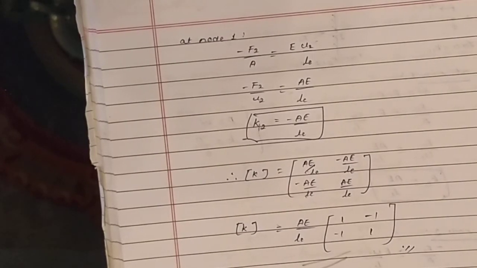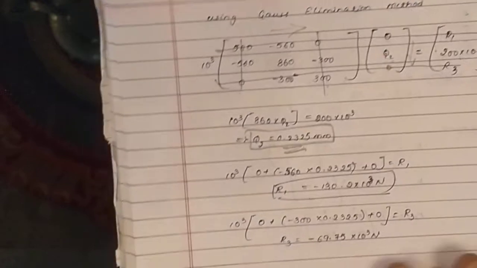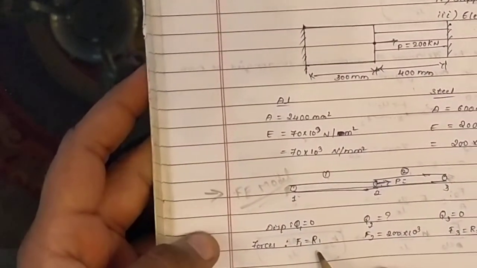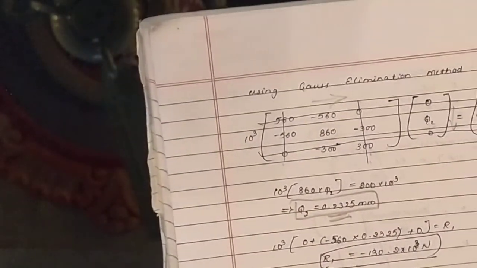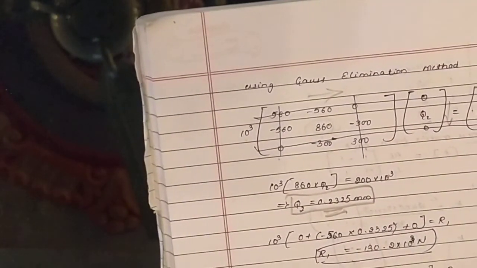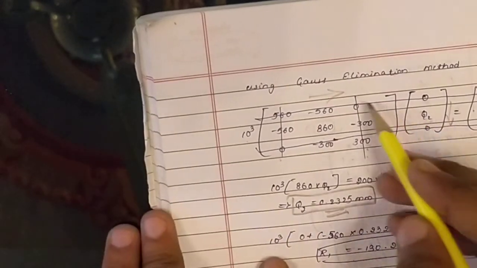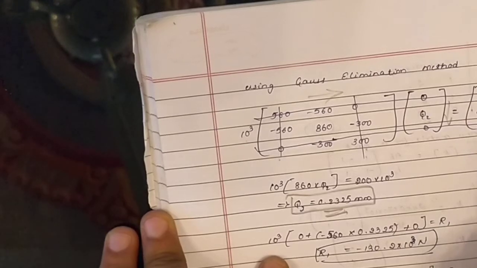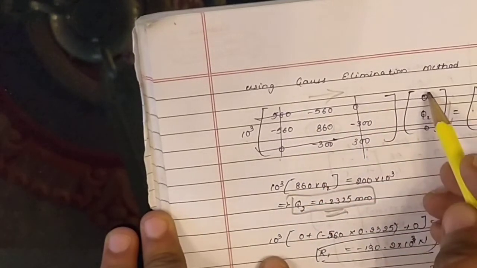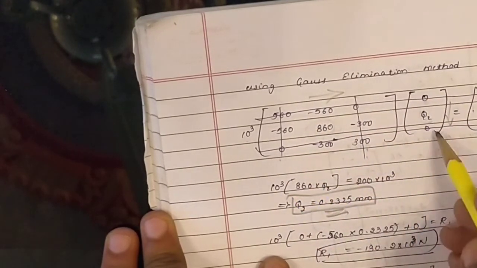Next are the support reactions. The reactions are R1 and R3, which we have to find out. In order to find these reactions, use the same matrix; wherever R is there, you multiply that matrix term.